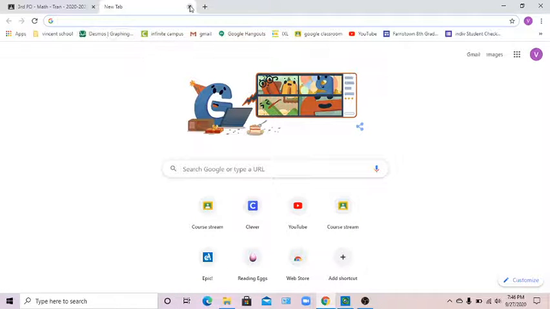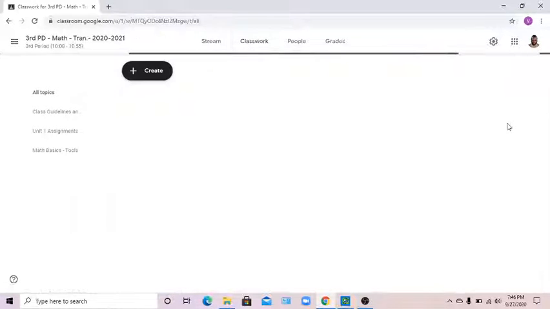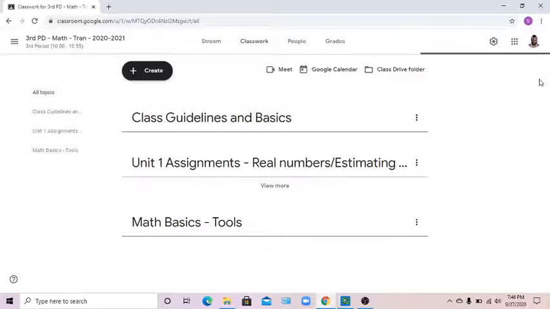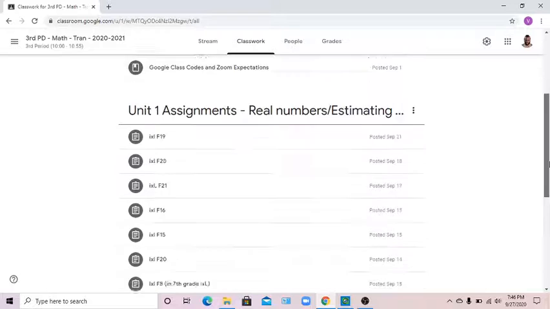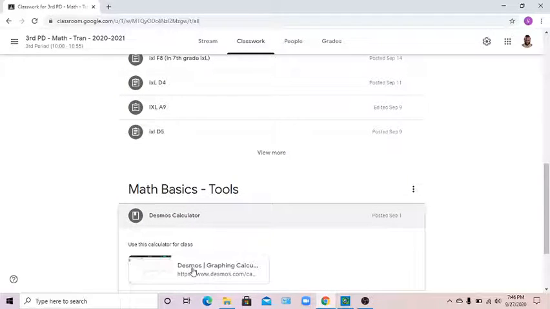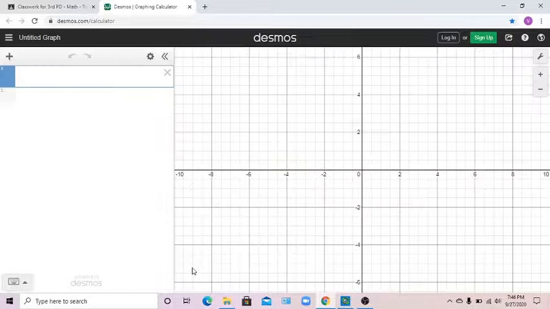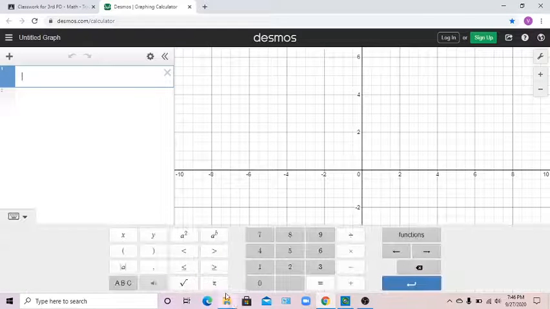Or you can go to your Google Classroom under classwork and scroll down. There's the Desmos calculator. Go ahead and pull that up. And we will need the keyboard to type stuff in.